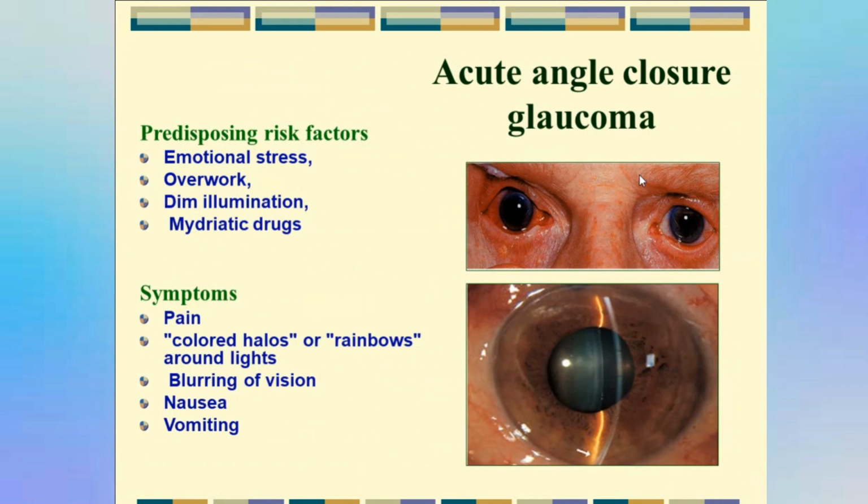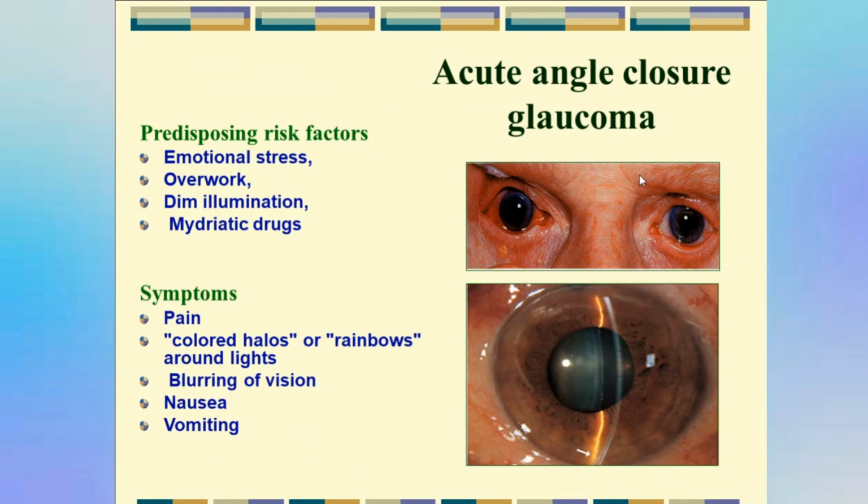There are some risk factors for acute angle closure glaucoma. These are emotional stress, overwork, dim illumination, mydriatic drugs, and anatomical risk factors.